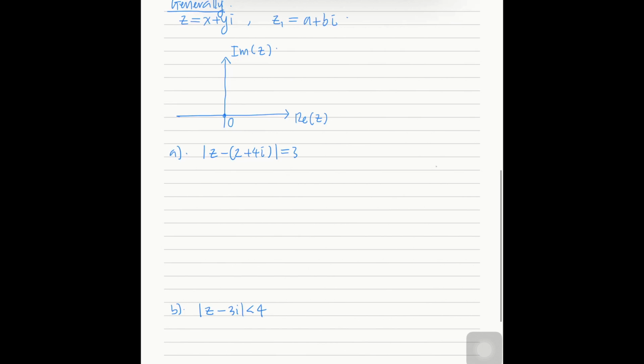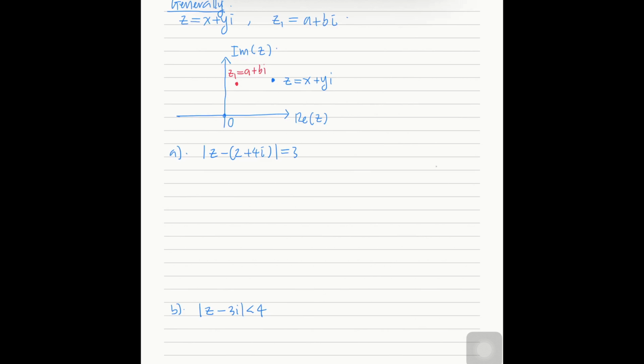We put complex number z here, so z equal to x plus yi, and then another point, for example z1, over here, so z1 equal to a plus bi.